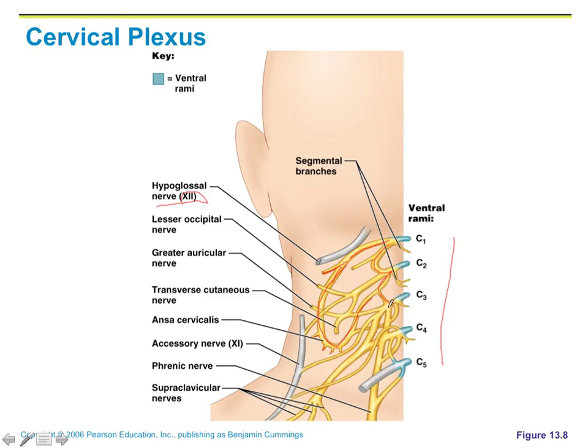We can see the C3 sends branches to link with the C4, and these branches will link with the C5. These three branches make the most important nerve, the phrenic nerve, which regulates the diaphragm.